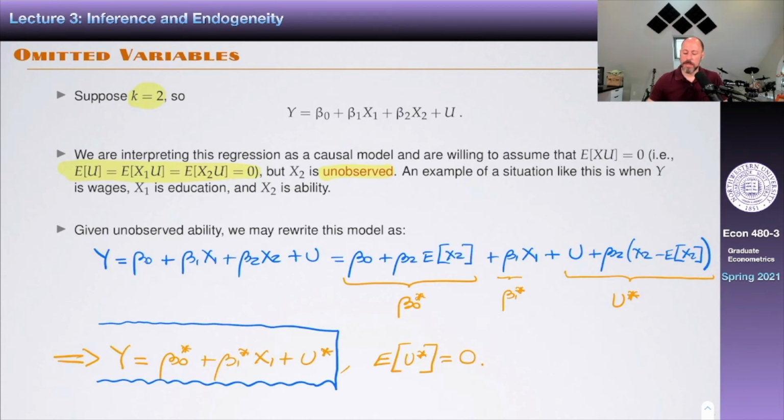The constant term is going to be different, because that's the normalization we need to account for the stuff we don't observe, unless, of course, the expected value of x2 is 0. But then we have a different error term. Before it was u, now it's u plus this factor that captures what we do not observe.